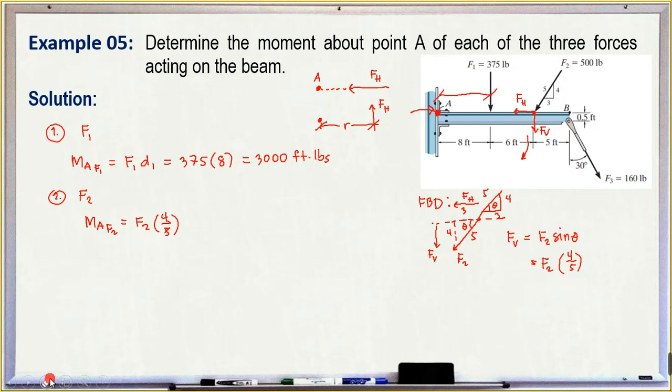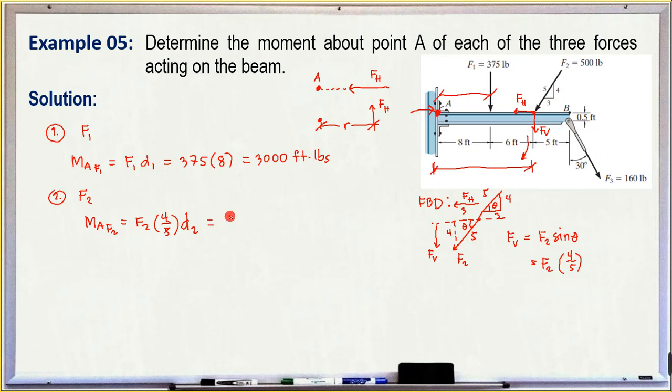The answer is a little off. So we label the distance here. What is the perpendicular distance of FV? This distance is the sum of 8 and 6.